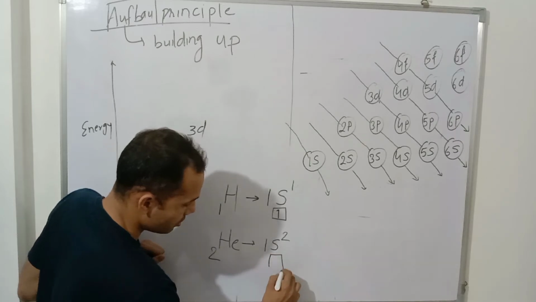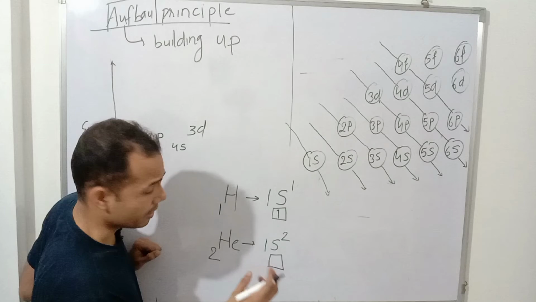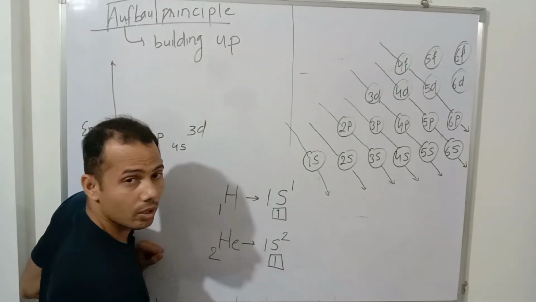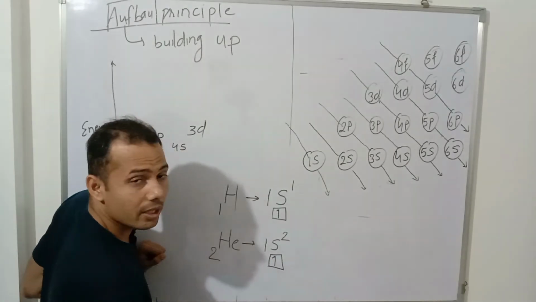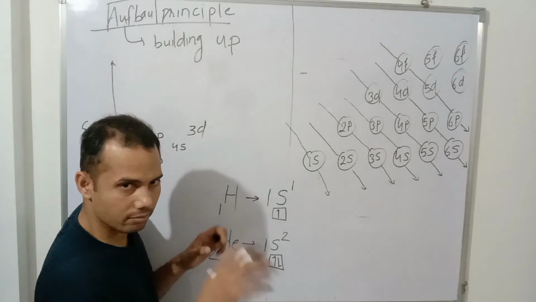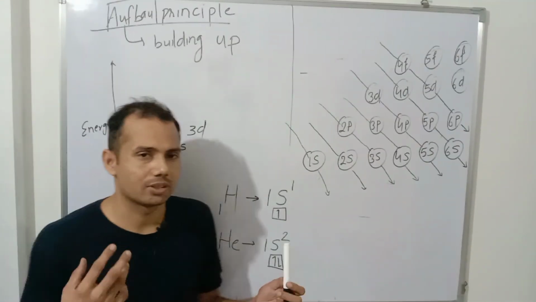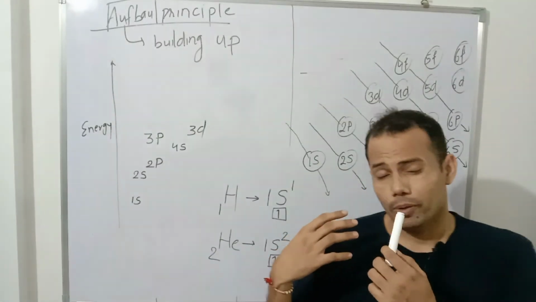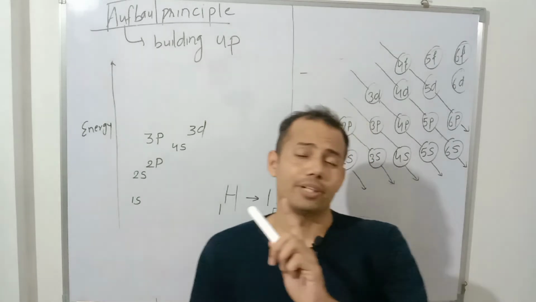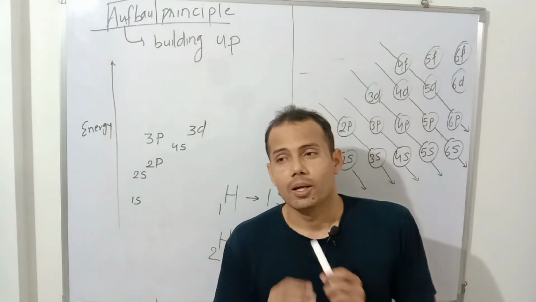Again for the s orbital I will put one box. It has only one direction, spherical in shape, and there are 2 electrons. One electron I will show like this, and the other electron by upward and downward arrows. One shows clockwise because one electron will move in a clockwise direction, and the other will move anti-clockwise.